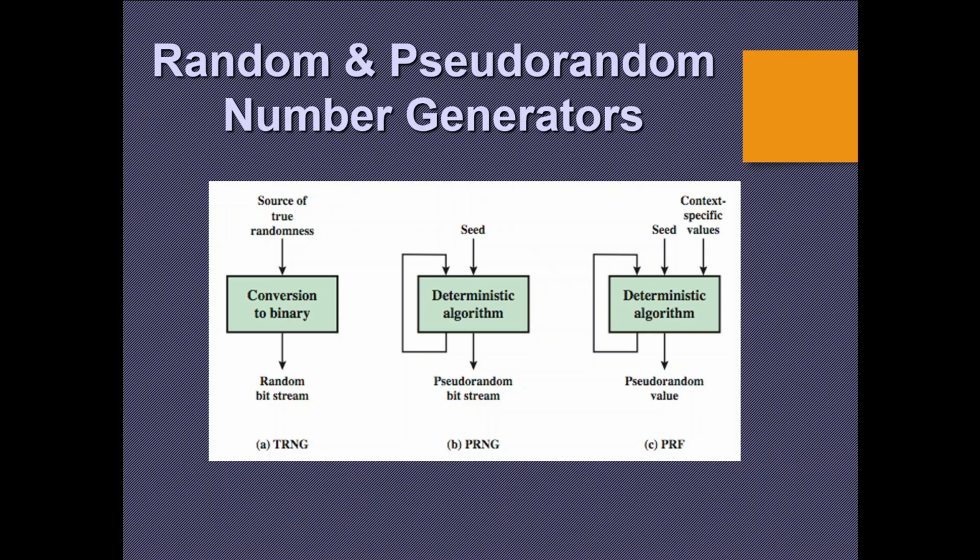The other form of pseudo-random number generator is PRF, which stands for pseudo random function. A PRF is used to produce a pseudo random string of bits of some fixed length. Examples are symmetric encryption keys and nonces. Typically, the pseudo random function takes as input a seed plus some context specific values such as the user ID or an application ID.